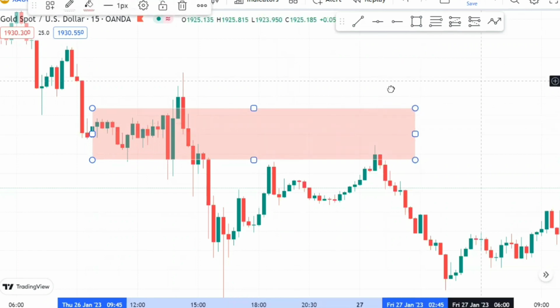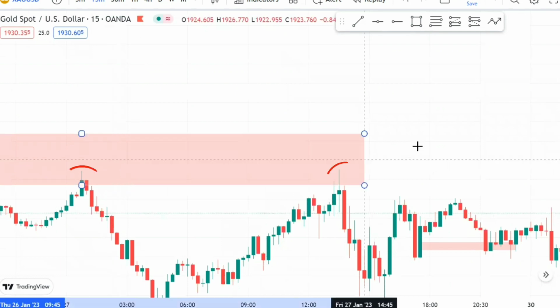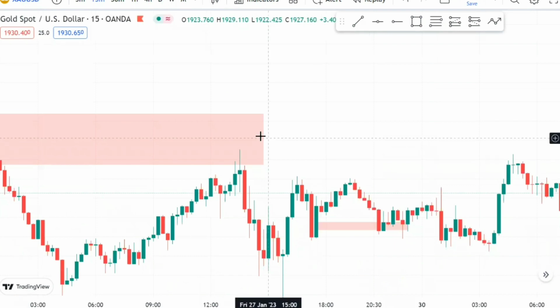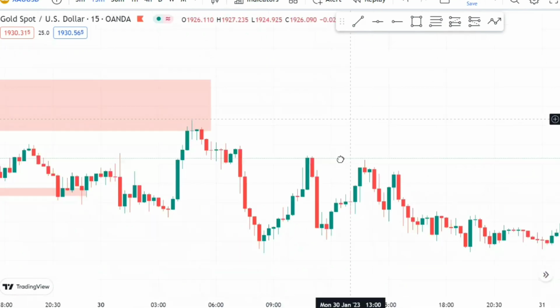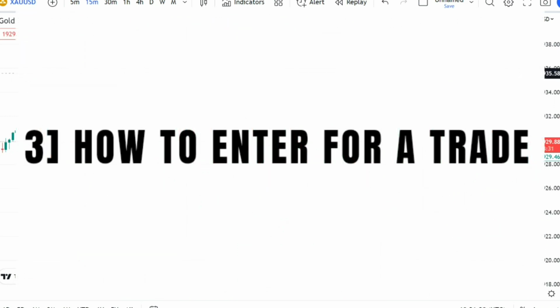We tested the consolidation box. Right here again, price came back, we tested this box and bounced off it. And also here, price came back, we tested the consolidation box before the initial downtrend, guys.